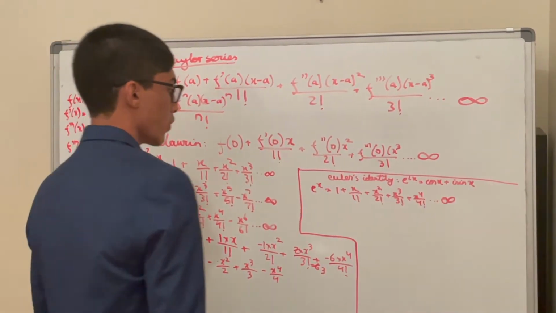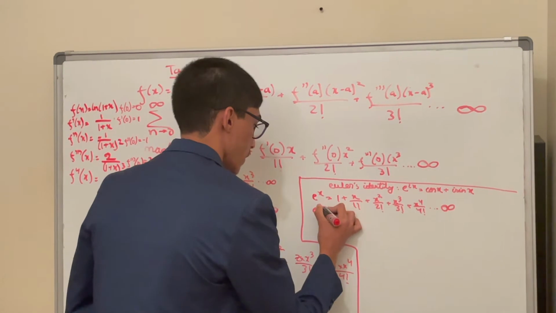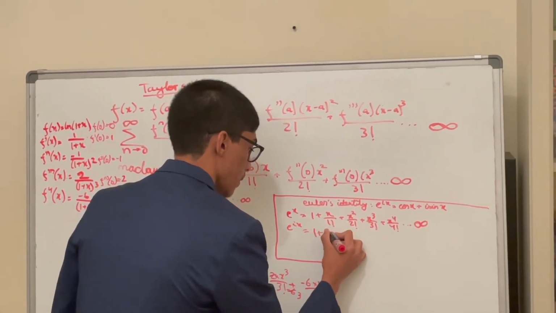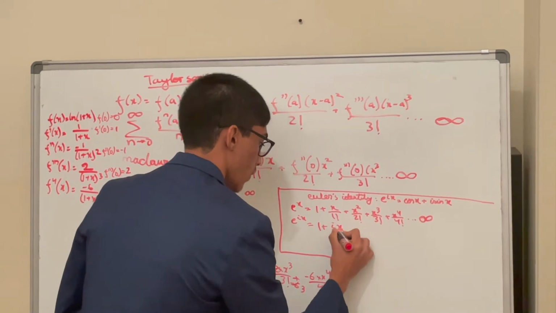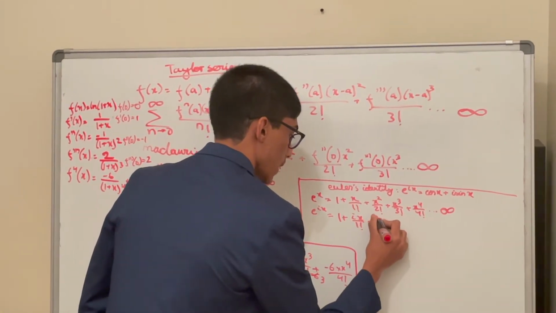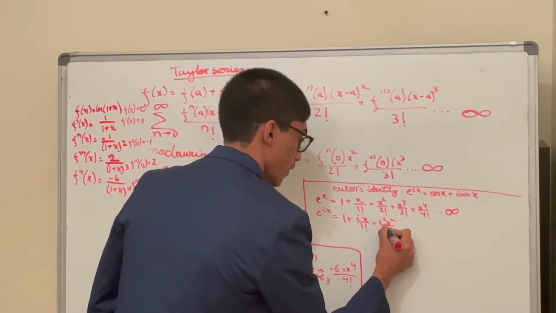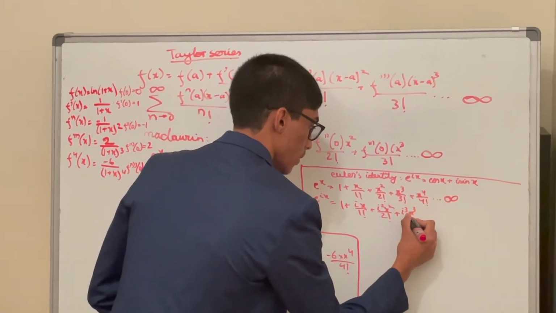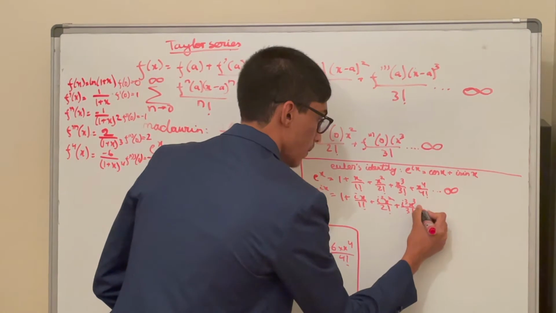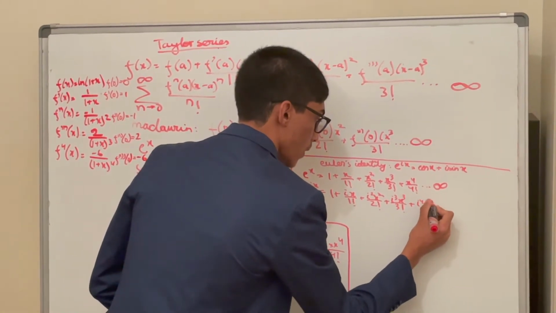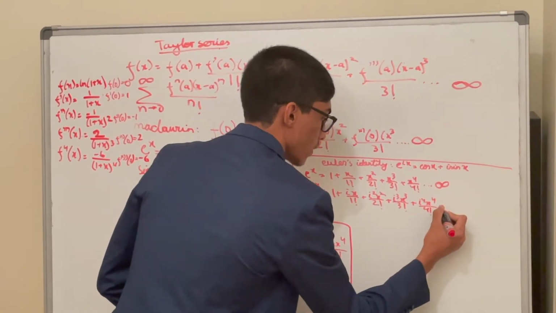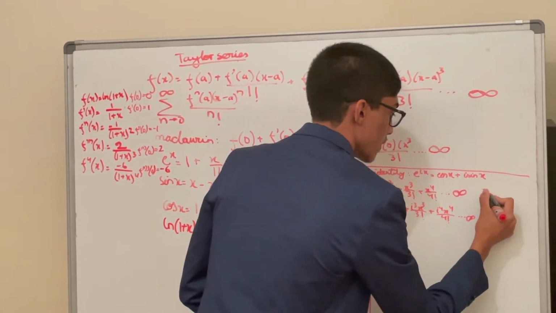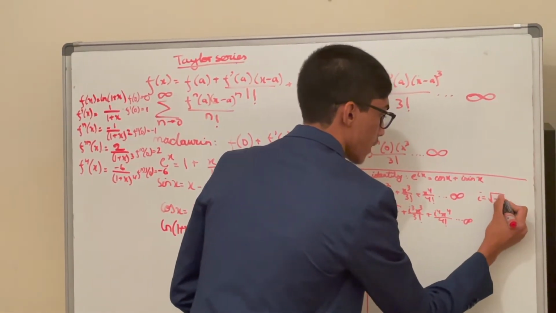Now, if we replace x with ix, we get 1, it stays the same, plus ix over 1 factorial plus i squared x squared over 2 factorial plus i cubed x cubed over 3 factorial plus i to the 4 x to the 4 over 4 factorial to infinity. Now we know that i is equal to root of minus 1.